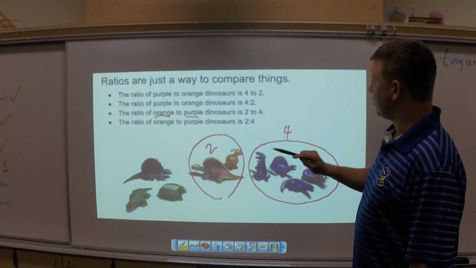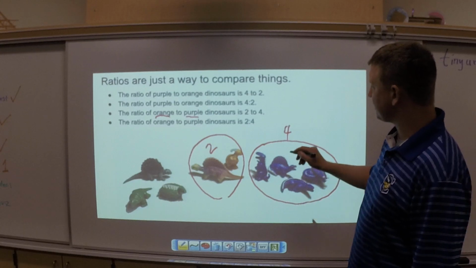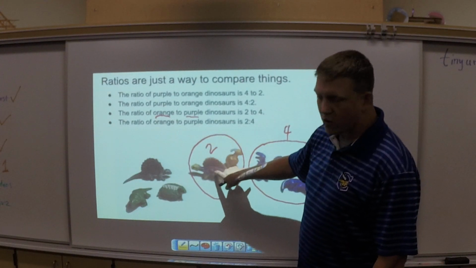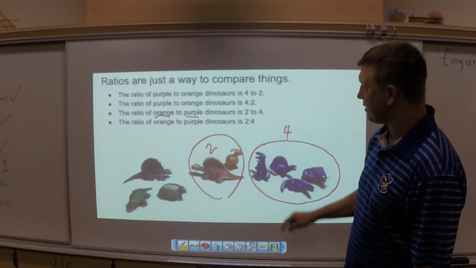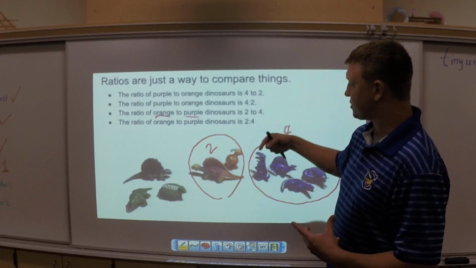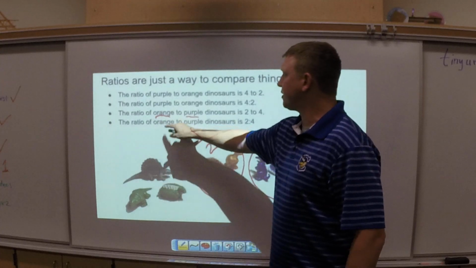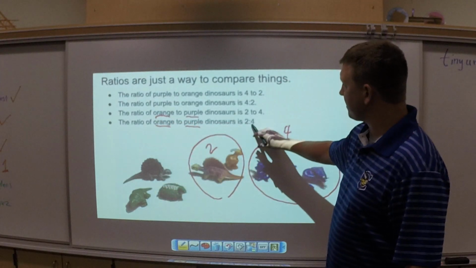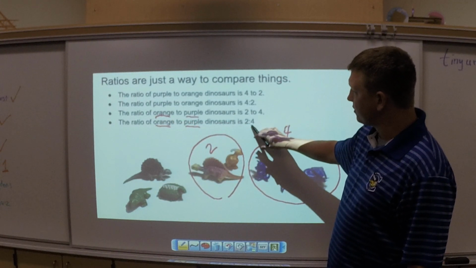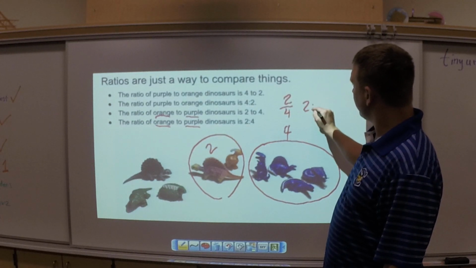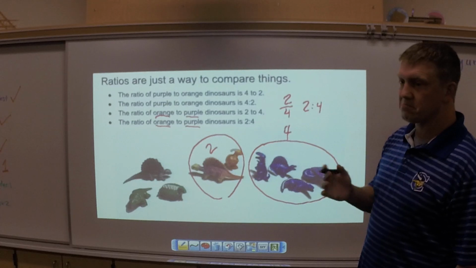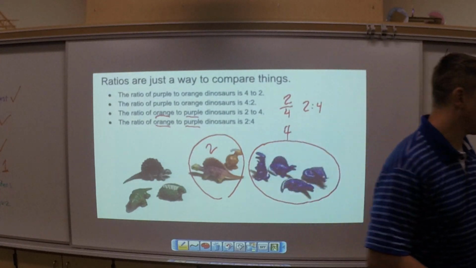You could actually simplify that down, and say that there's 1 orange for every 2 purple as well. You could simplify that relationship down. The ratio of orange to purple could be written with words, or with a fraction, or with a colon. 3 ways to write it.